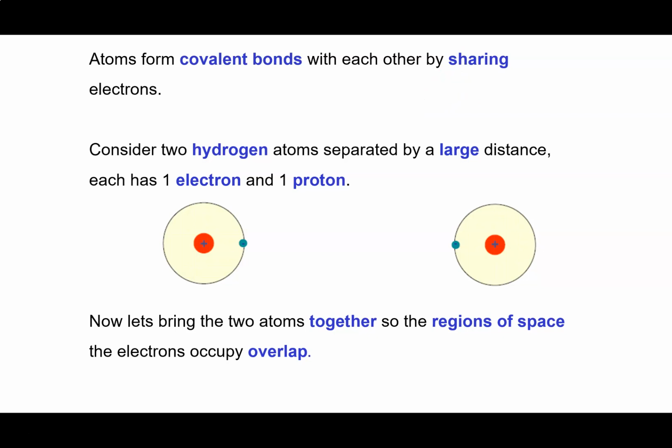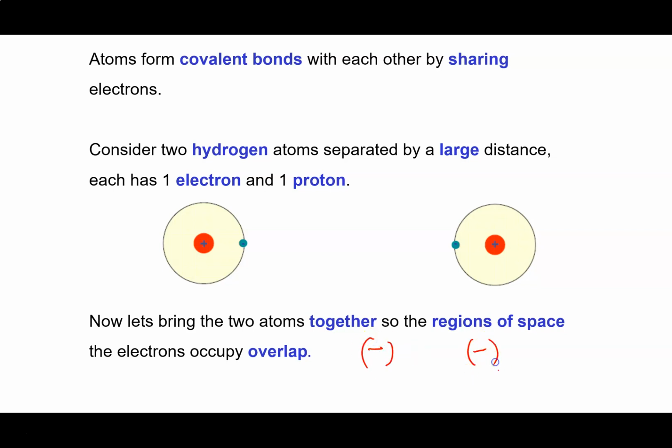So let's think about two hydrogen atoms that are separated by a large distance. They're basically not interacting with each other. And as I mentioned, every hydrogen atom has one electron and one proton. Now, as these guys come closer together and begin interacting, we have to think about what the interactions would be. First of all, like charges repel one another.